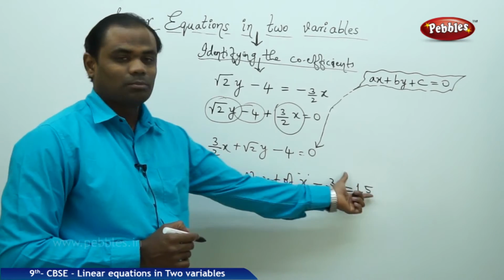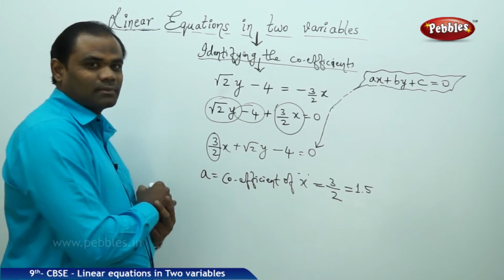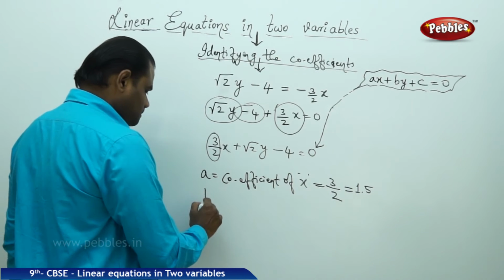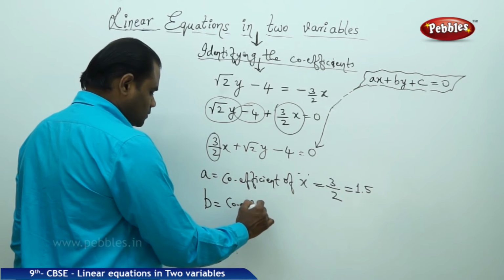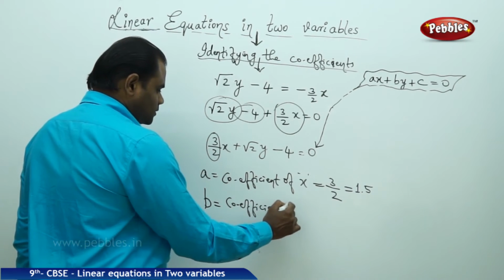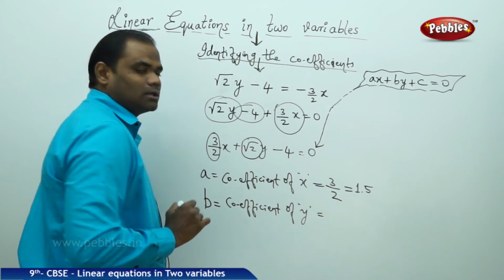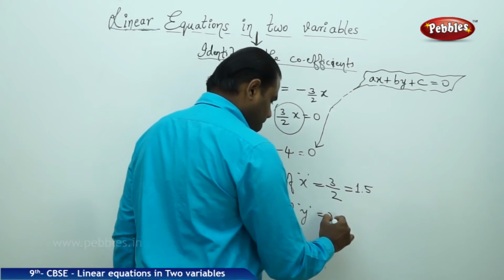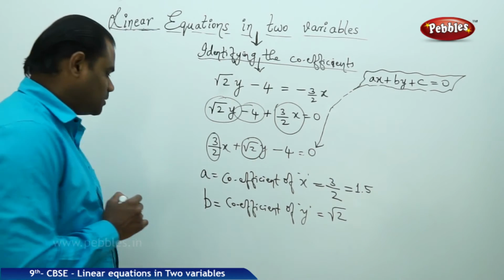So my a is 1.5 because it is the coefficient of x. Similarly, my b is the coefficient of y, which is clearly root 2, is what we get for the value of b.